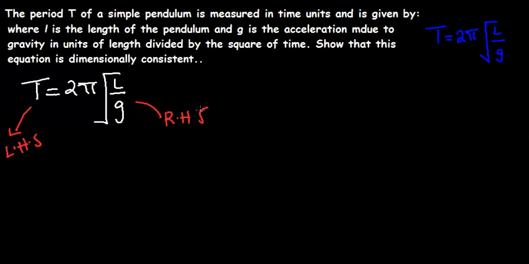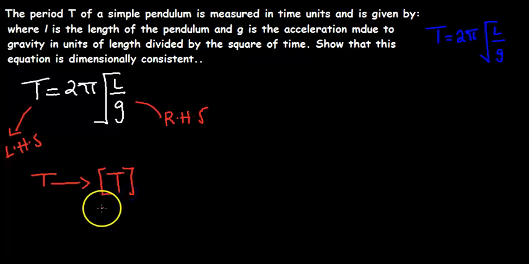A quick review again. We said the L simply stands for the length of the pendulum, and here is acceleration due to gravity, right? And here is the time period. So first thing which we need to do in order to carry out this problem is to identify the dimension of each variable, starting with the first one, which is T. Notice that the dimension of time is denoted as T. Let's put it in bracket to show that it is a dimension.